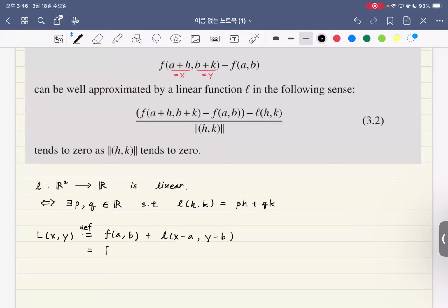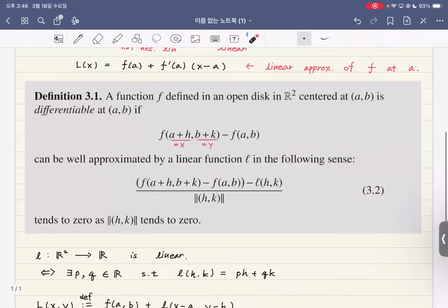But L can be written as p times h plus q times k. So this is p times (x minus a) plus q times (y minus b).